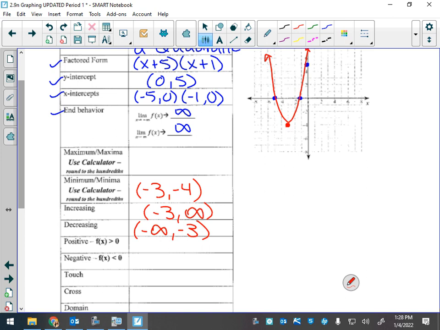Where am I positive? Where is this graph positive? Wes? Okay, it's an interval, so be careful. So how am I writing it as an interval? So -5 and -1 are correct.